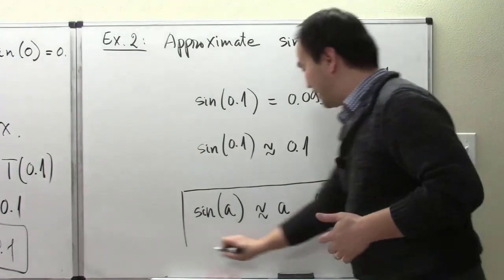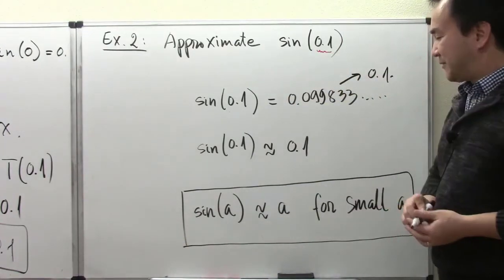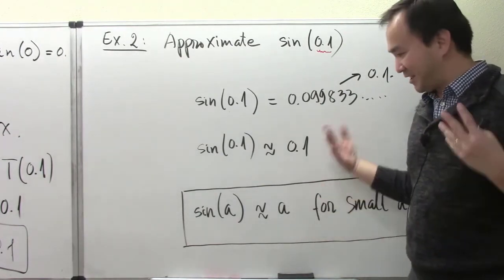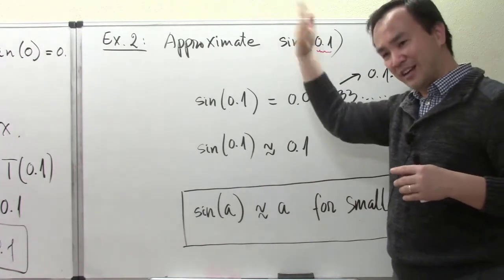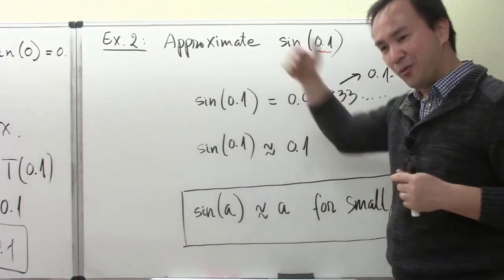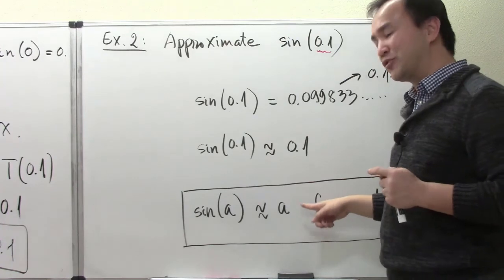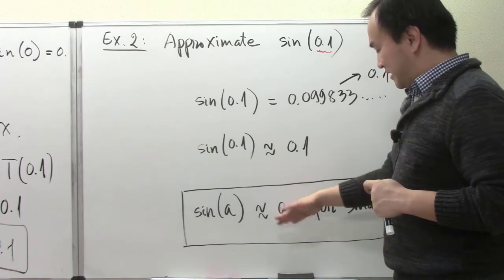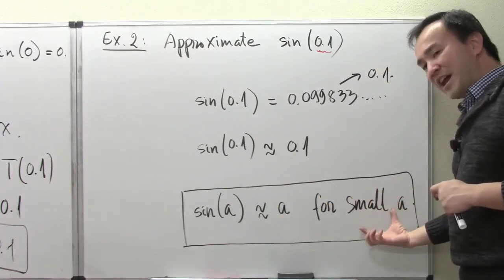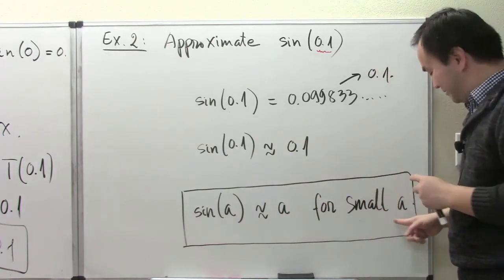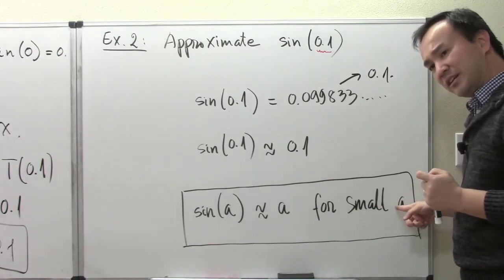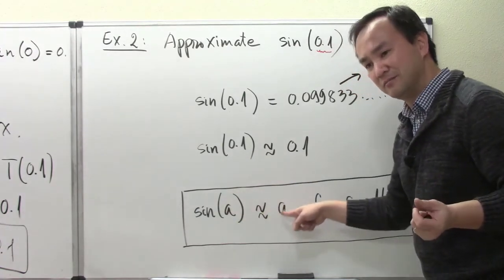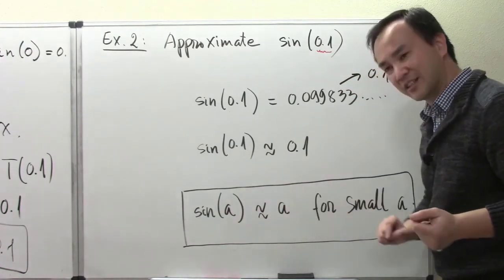It's very unlikely that any instructor in Calc 1 will test you on this understanding. But trust me, starting with Calc 3 and later courses in math, depending on how far you want to go, you will start hearing this a lot, especially in many of your physics applications. So the fact here is simply that for small a, meaning values of a close enough to 0, and of course we're looking at radian units, the sine of a can easily be regarded as just a itself.